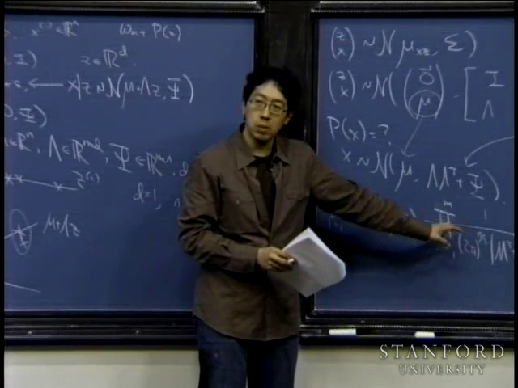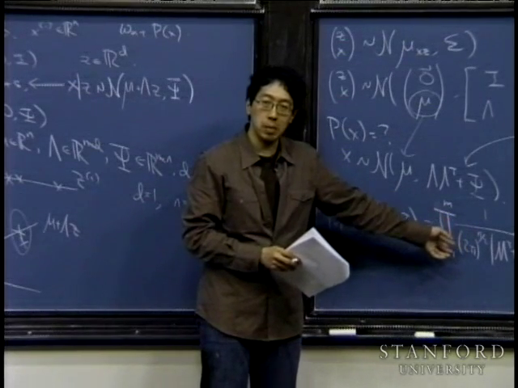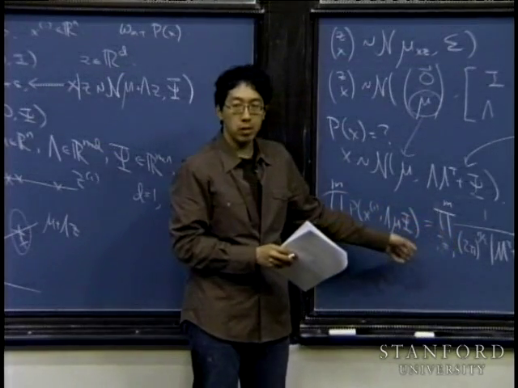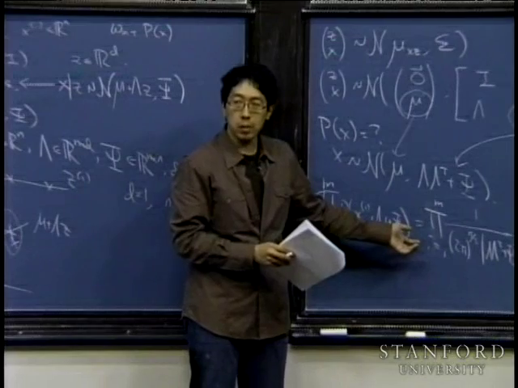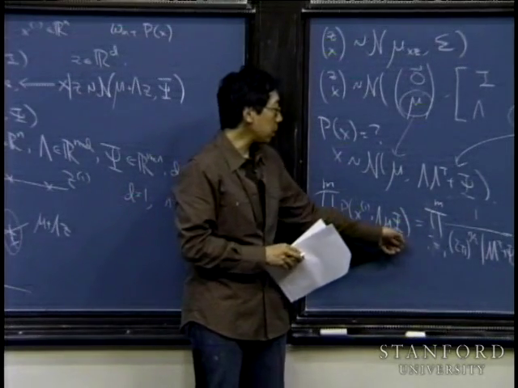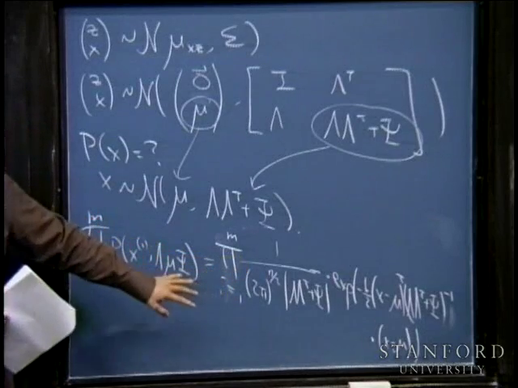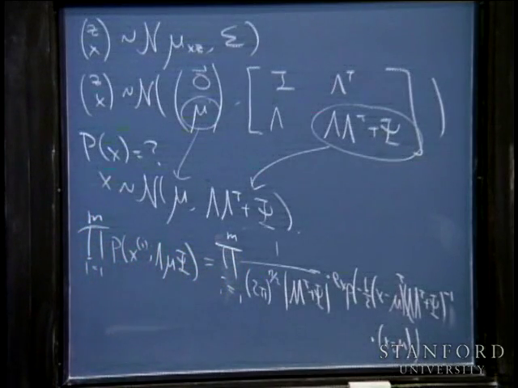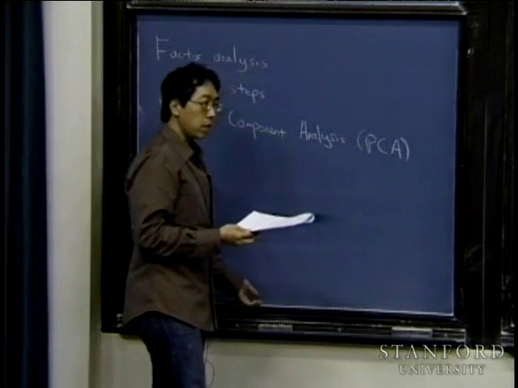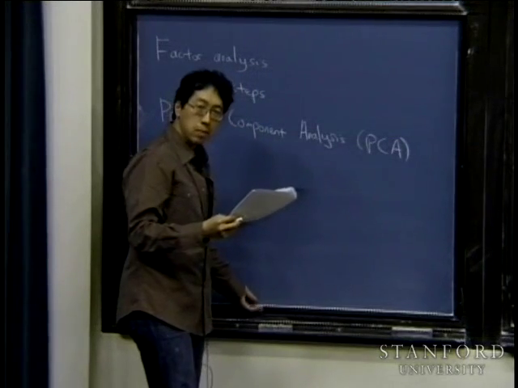If you try to solve for the values of the parameters lambda, mu, and psi that maximize it, you won't be able to do that. Go and try to do it. So what we'll use instead to estimate the parameters in our factor analysis model will be the EM algorithm.